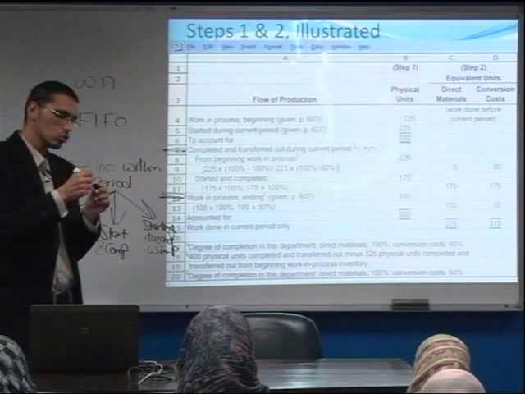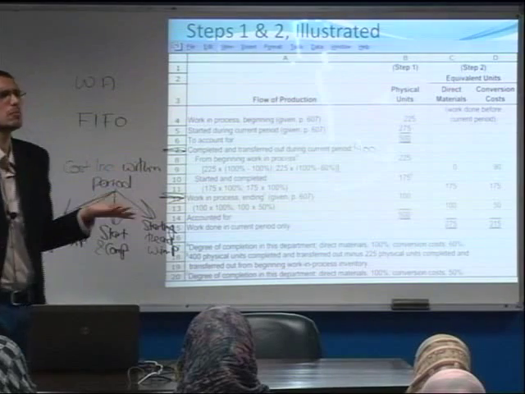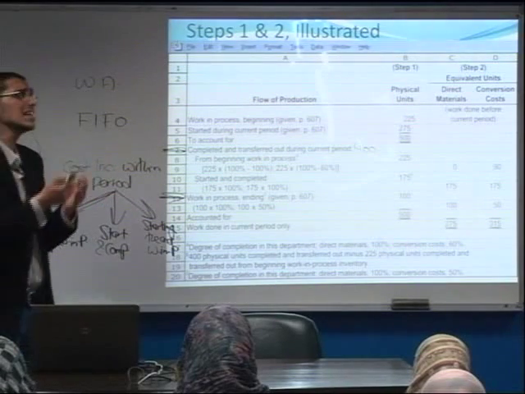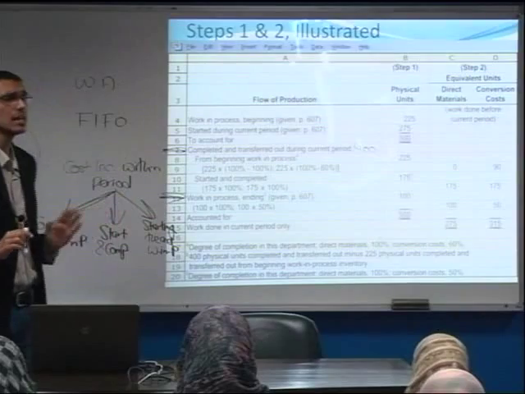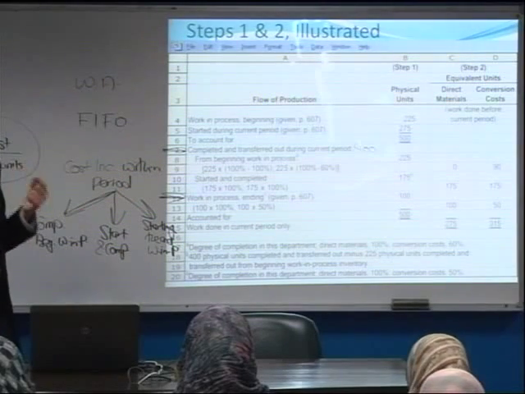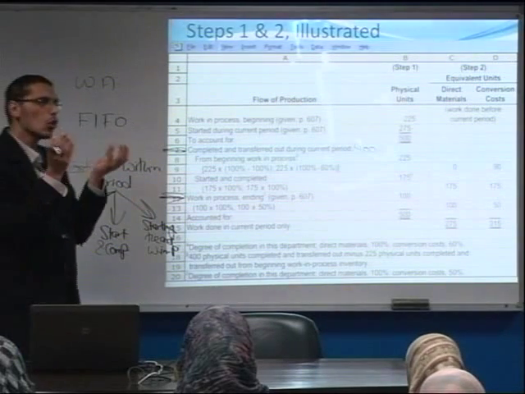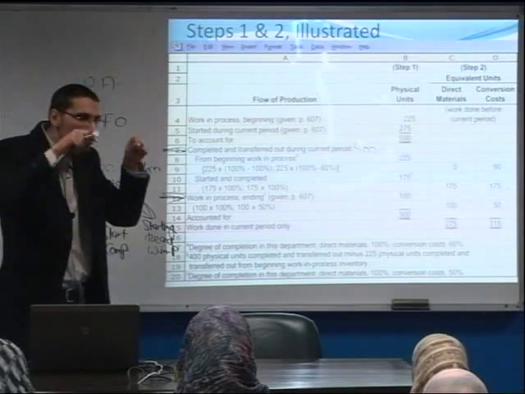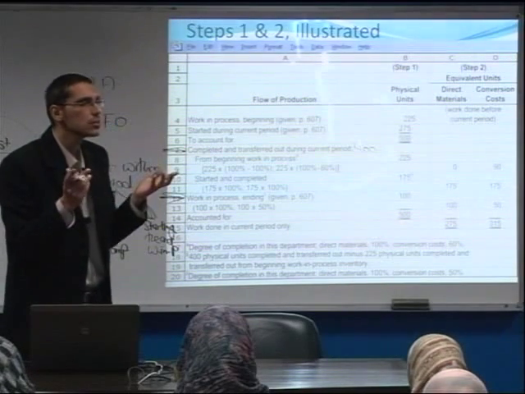Let us now go to step number 2. Of course, step number 2 is calculating the equivalent units, correct? And we said according to the first in, first out, we are going to divide the costs that were incurred within this period for what?